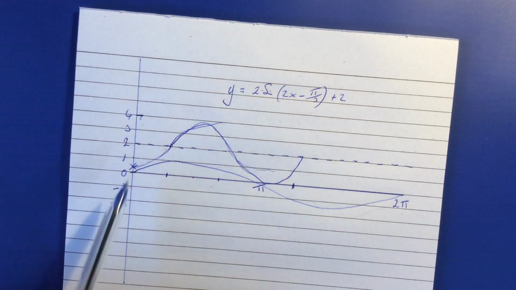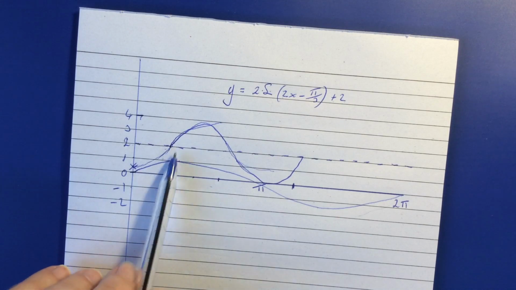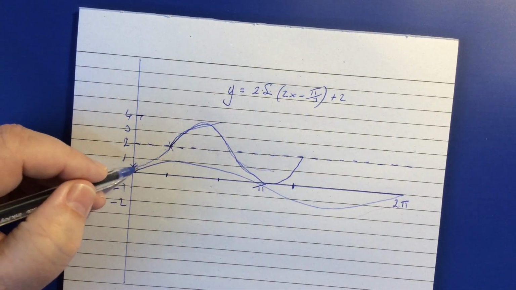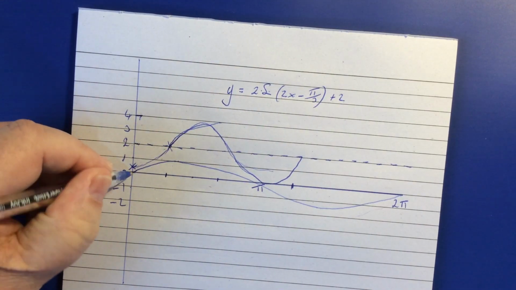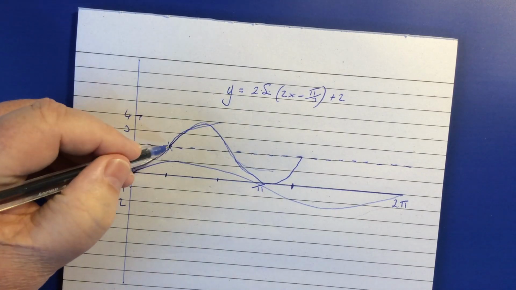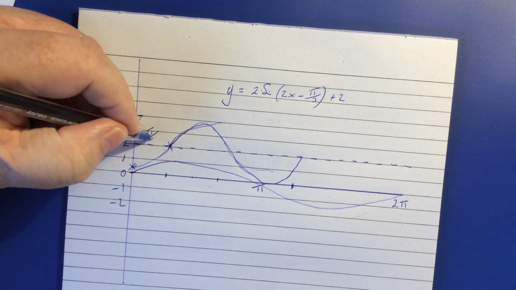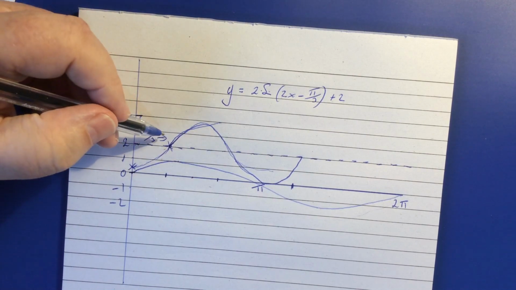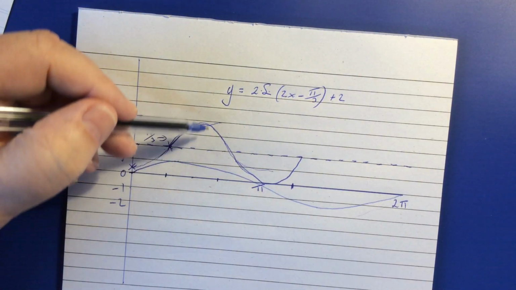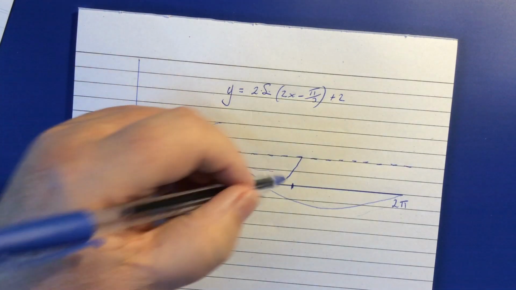We have moved this graph pi on 3 to the left, so to the right, sorry. So instead of starting at 0 here, we start at our median value here, which is pi. This distance here is pi on 3. And we have moved the whole thing up 2.